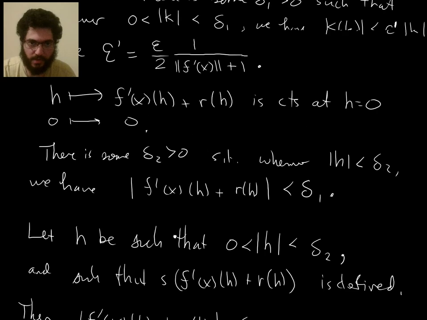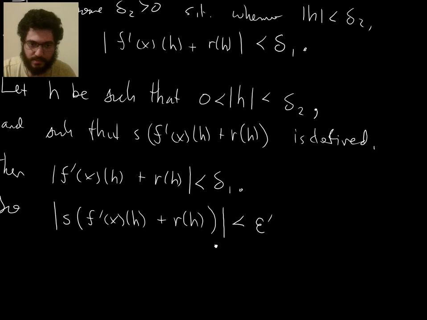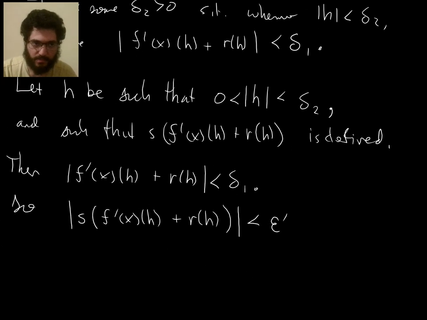So what I'm following right now is this fact about delta 1, that it achieves this. And I've got that big expression playing the role of k. So here, epsilon prime times the norm of that big expression.